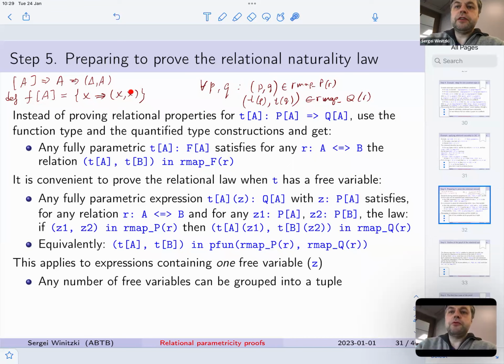And in order to prove that this sub-expression satisfies the law, we will have to assume that the two parts satisfy the law, and then we will show that if the two parts satisfy the law, then the tuple also satisfies the law. So this is how the proof will have to go, because that's a proof by induction on the structure of the expression that we are considering.